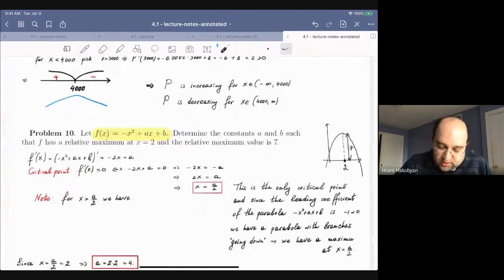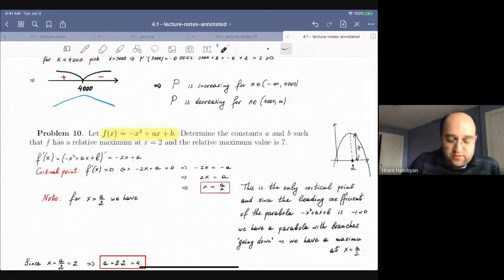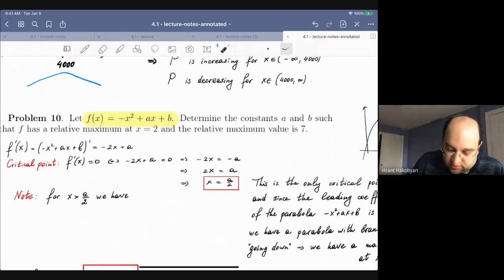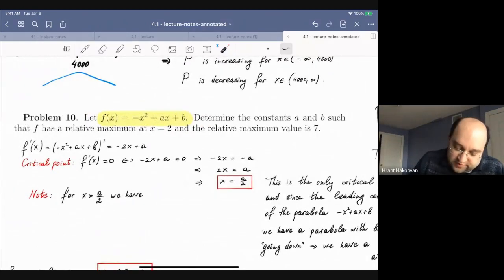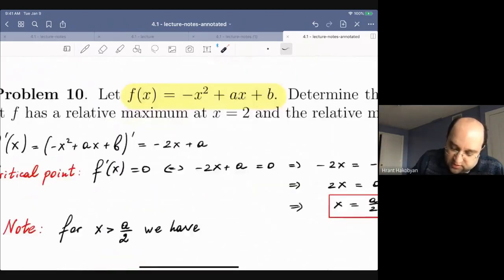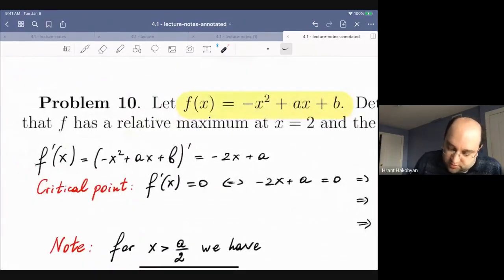Well, we just do what we did before. We have to find the critical points. So find the derivative. So here is the derivative, right? It's a quadratic function, so the derivative is very easy to find. It's just negative 2x plus a. Now we have to find a, but we still have this.